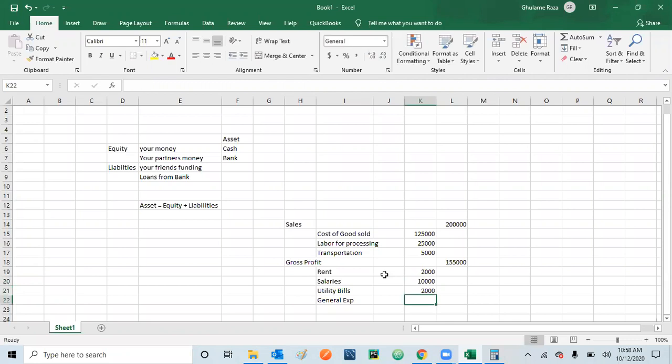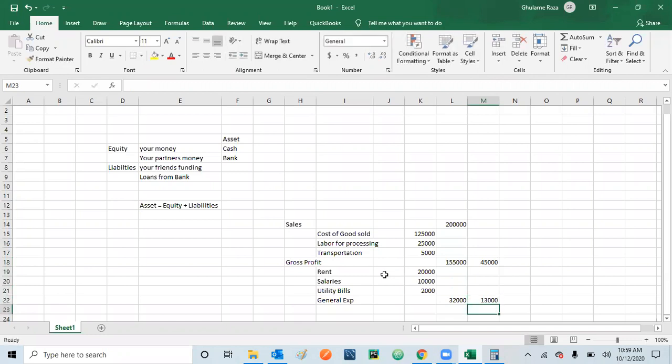General expenses, let's just make it 20,000, because the utility bill amount and this amount were almost the same. So 20 plus 10 is 30, and 32,000. So the total general expenses I had was 32,000. Once I subtract this 32,000 from 45,000, I am left with 13,000.